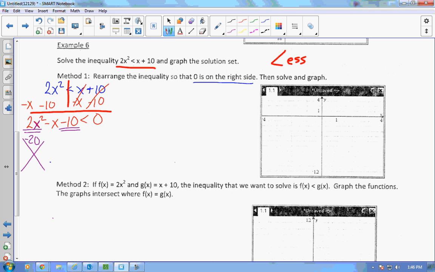What's the middle coefficient? Negative 1. Okay, turn to your neighbor, please, and tell them two numbers that multiply to negative 20 and add to negative 1. Multiplies to negative 20, adds to negative 1.